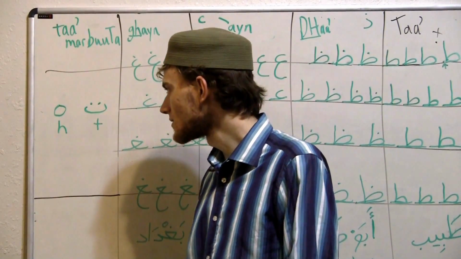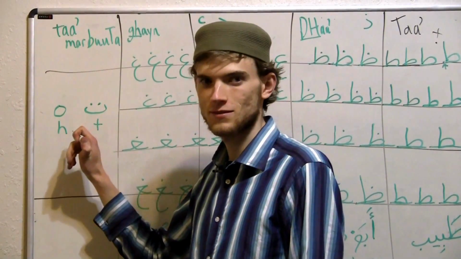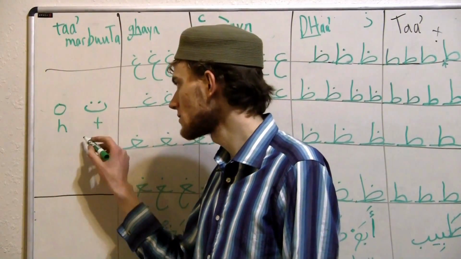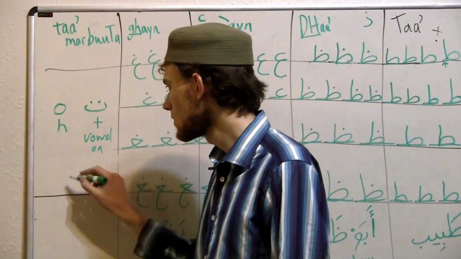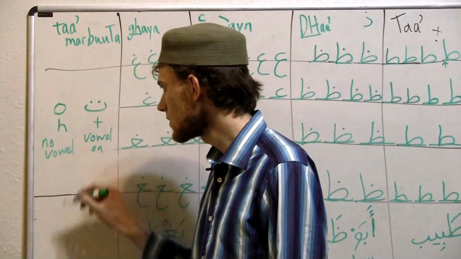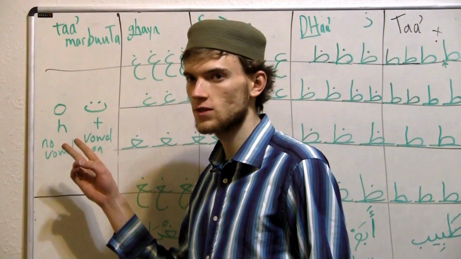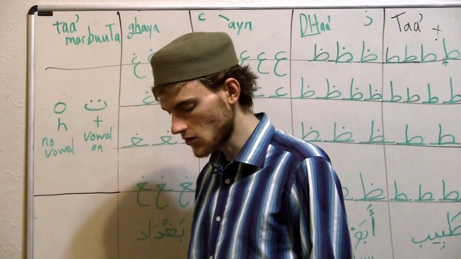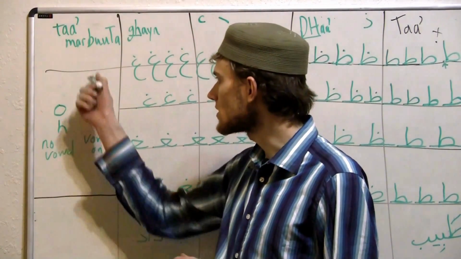When we pronounce a vowel on this letter, it's pronounced as a ta. But when there's no vowel that we're pronouncing, it's pronounced like a ha. So it's a combination of two different letters in Arabic, and therefore it's not really its own letter. It's a symbol.